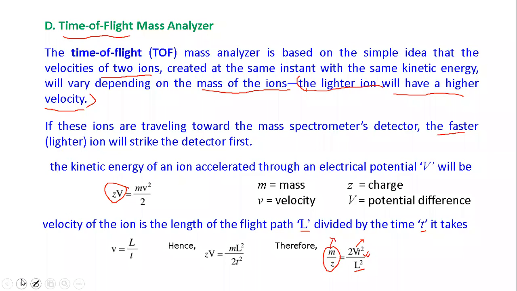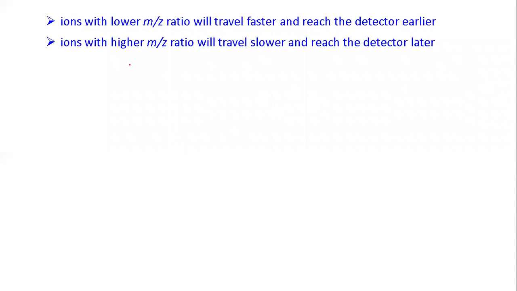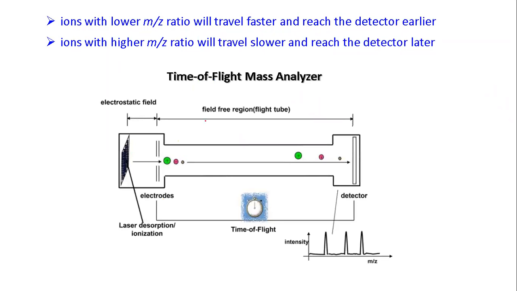The ions with lower m by z ratio will travel faster and reach the detector earlier in this analyzing system, and the ions with higher m by z ratio will travel slower and reach the detector later. Here you are applying the electrical field.